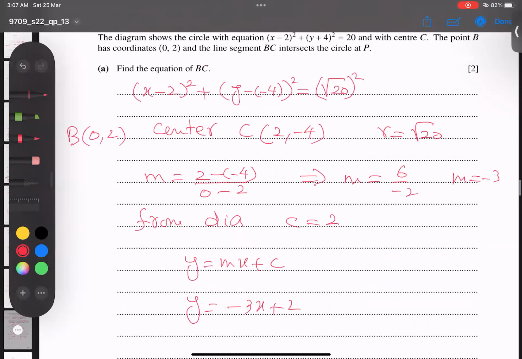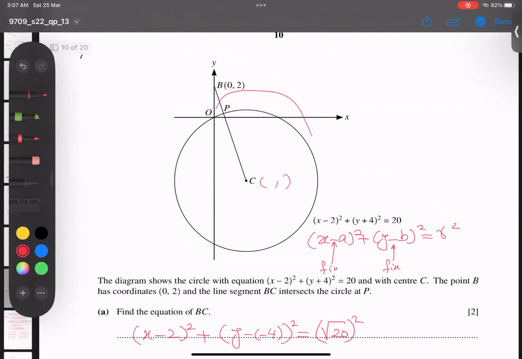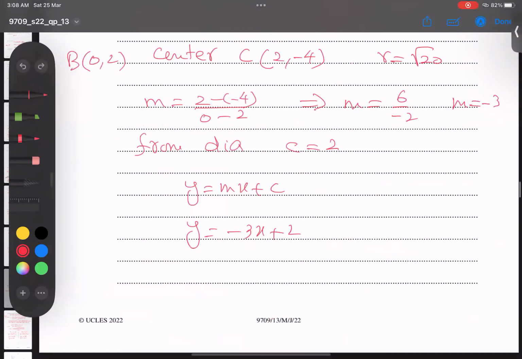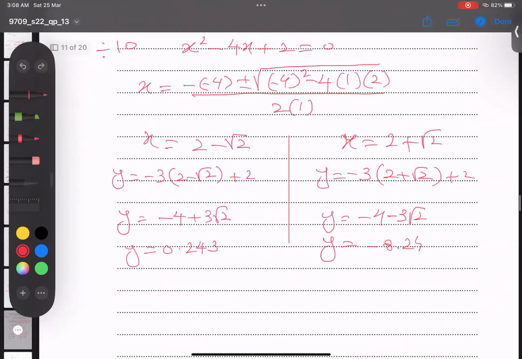Now check the diagram. Okay, once again, it is above the x-axis. I repeat again, this is not below the x-axis. You know, below is negative and above is positive. So understood that this P value has X positive and Y positive. So both positive. You can see from here this is negative, so ignore.